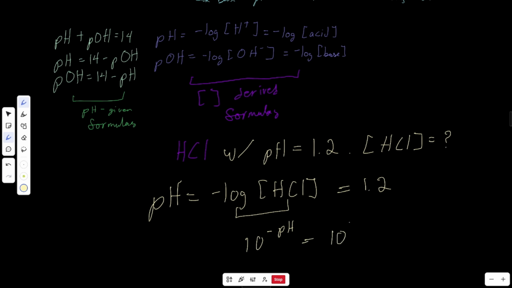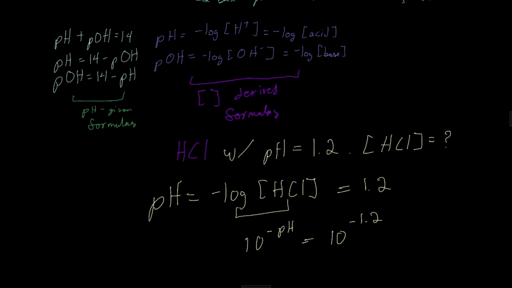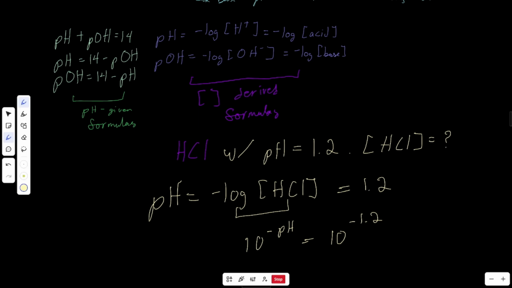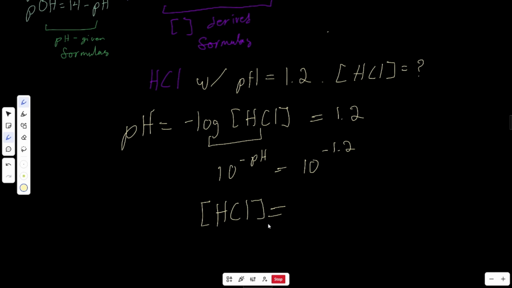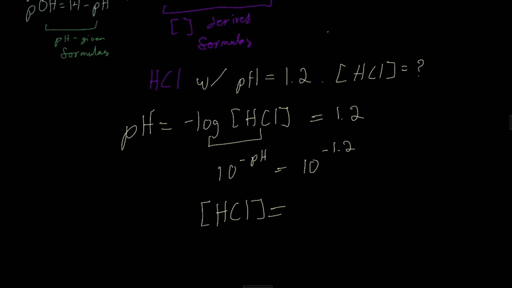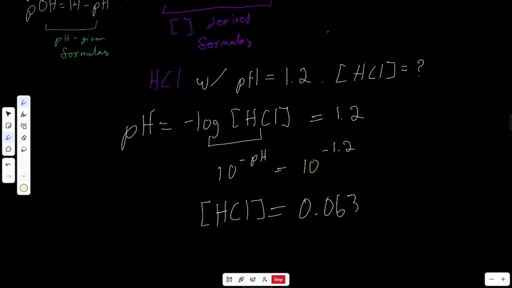So it's 10 to the power of negative 1.2, and that will get us an answer of 0.06309, which for significant figures, the concentration of HCl would be equal to 0.063 molar.